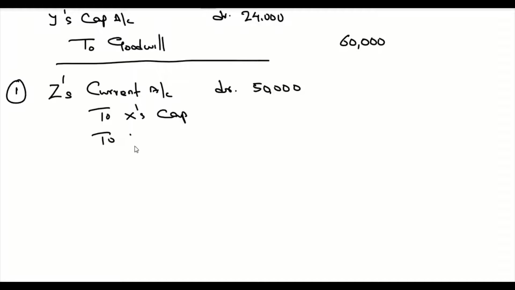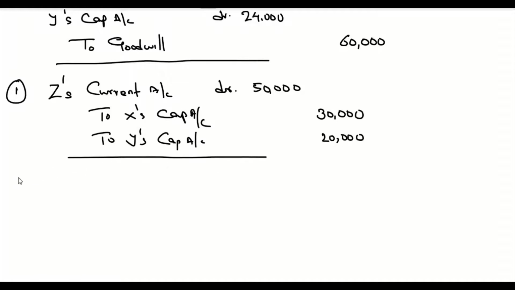So to X capital account, to Y's capital account, and the sacrificing ratio is 3:2 itself. So 50,000 will be 30,000 and 20,000.